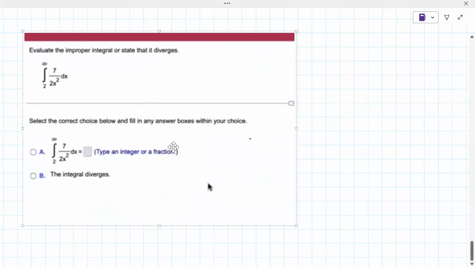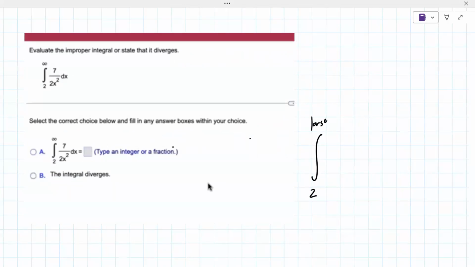Yeah. All right. So this one you're going to integrate from two to a large number. And that's where I'm not exactly sure what to tell you because it depends on the calculator. You could start at like 1,000 or 100, something like that. But you may have to do this a few times. Like you have to do it for 1,000 and then 10,000.